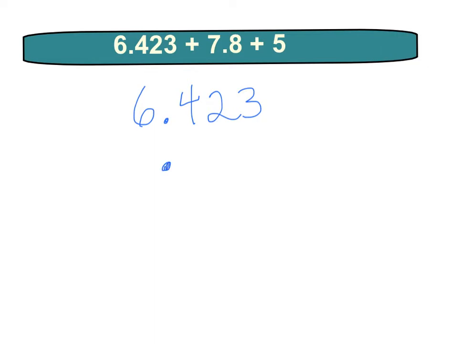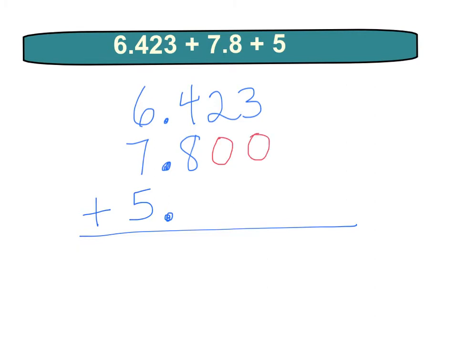Here's another one, 7.8. Now don't forget, this number 5 doesn't have a decimal point at all, but it's always at the end because this represents 5 ones. So it has to go here. And since we're adding, I always add zeros to show the place values that I'm adding.